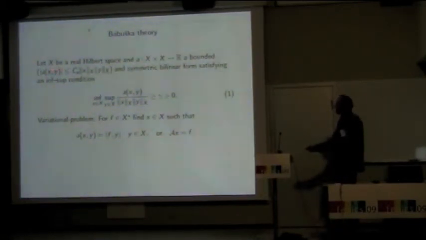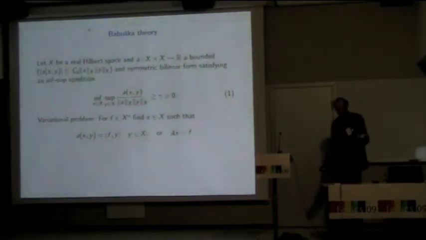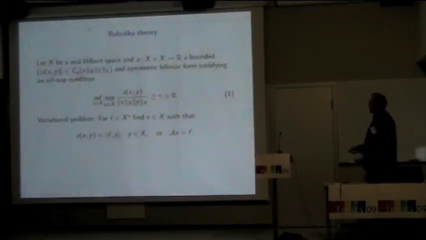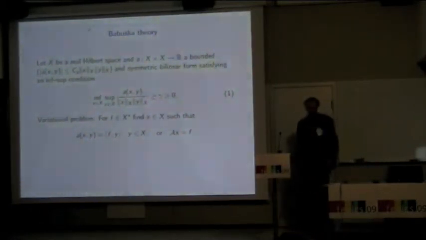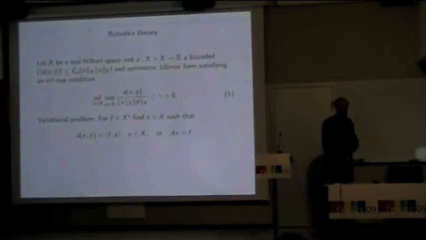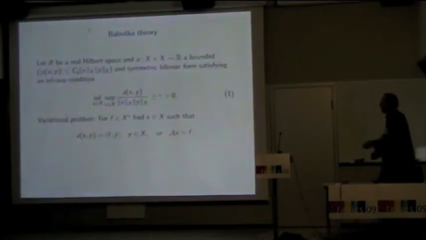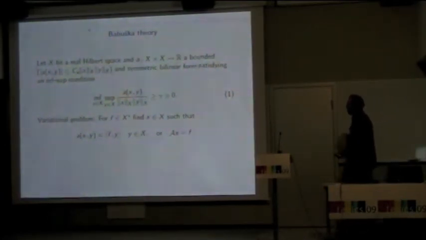We're also going to assume that it's bounded in this function space X that we're looking at. It can be anything, such that we can say that the system is of the form Ax = f, where f is in the natural dual space. This is a Hilbert space setting. We have continuity and everything.